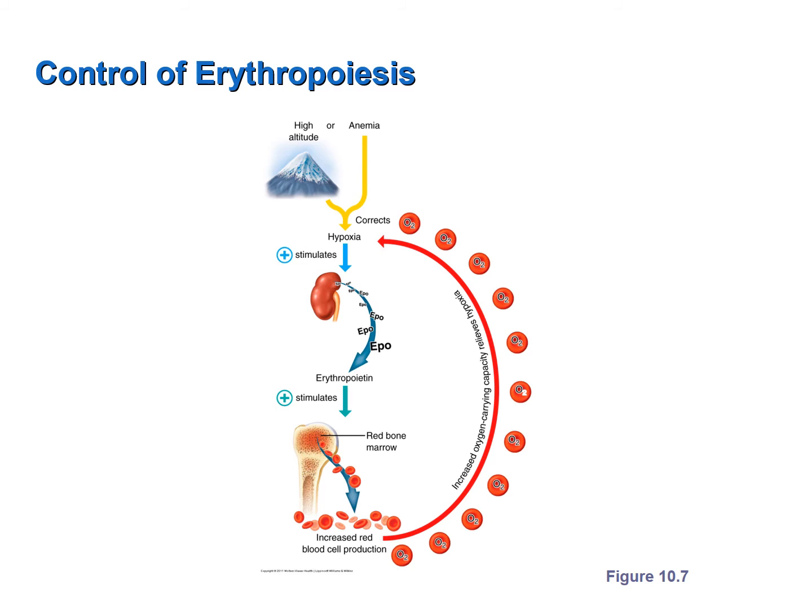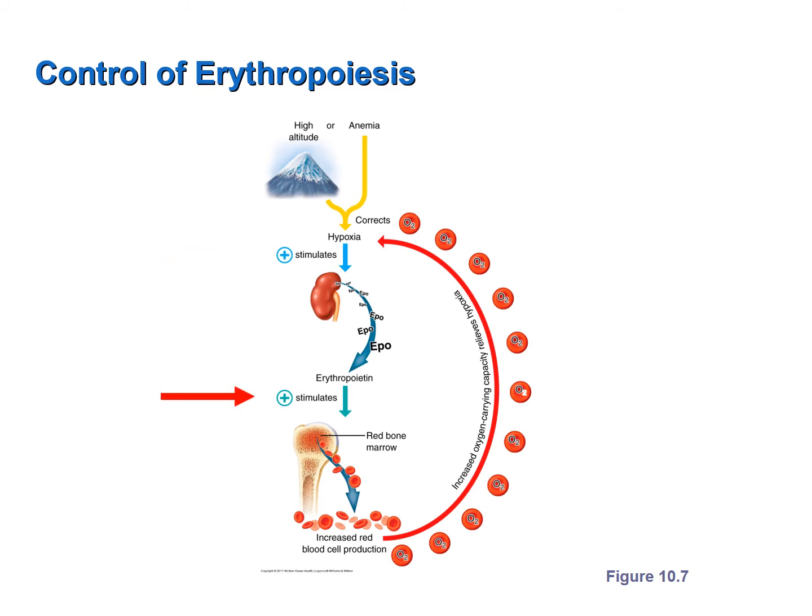With respect to red blood cells, if there is a drop in the oxygen content of the blood, this could be due to someone moving to a higher altitude, or if there's some type of respiratory illness where the lungs aren't functioning normally, if someone loses a lot of blood, either due to hemorrhage or someone donates a pint of blood, this drop in oxygen content or hypoxia stimulates the kidney to release a hormone called erythropoietin.